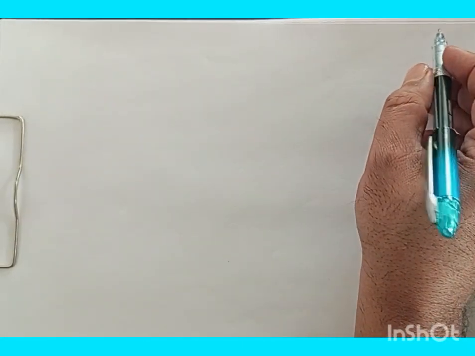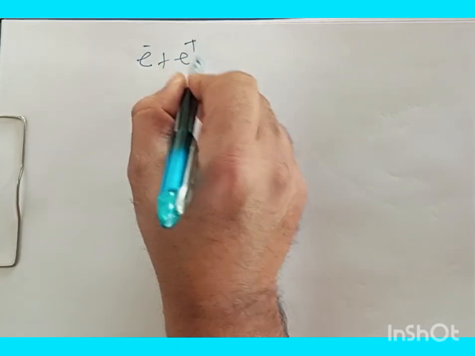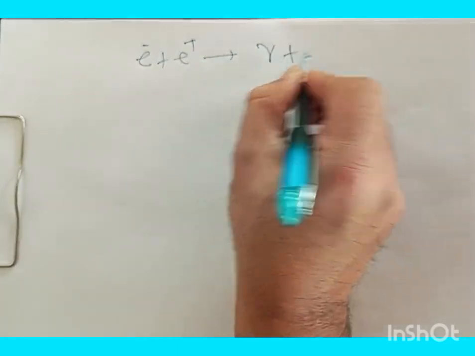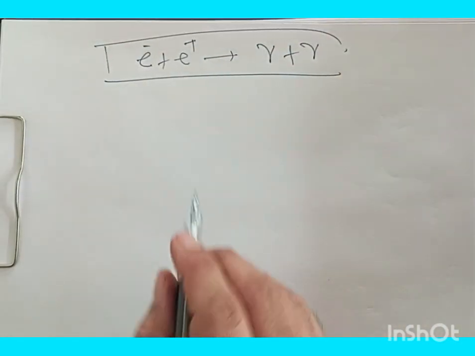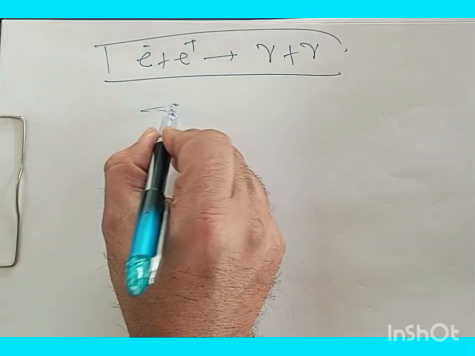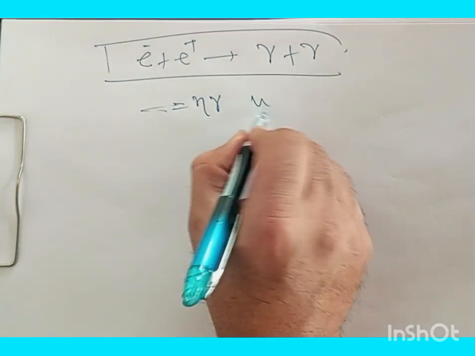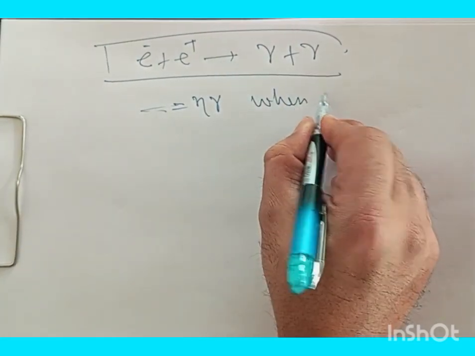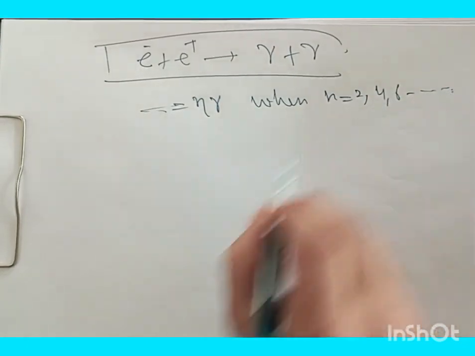That's the important point here. If I have an electron and a positron, I'm going to get two photons. In general, for this para-positronium, we will have n gamma ray photons, where this n has to be even: 2, 4, 6, and so on.